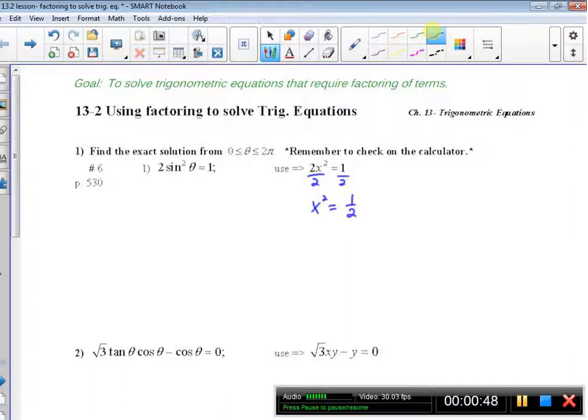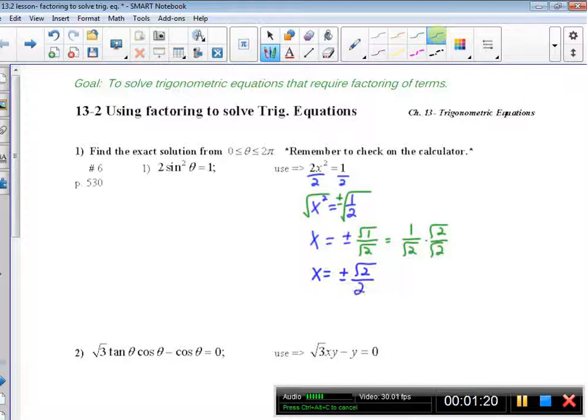And then remember, to get the x by itself, we'd have to square root both sides. Now when you square root both sides, you have to do plus and minus. So you get x equals plus and minus radical 1 over radical 2, which is really just 1 over radical 2. If you rationalize that, x is equal to plus and minus radical 2 over 2.